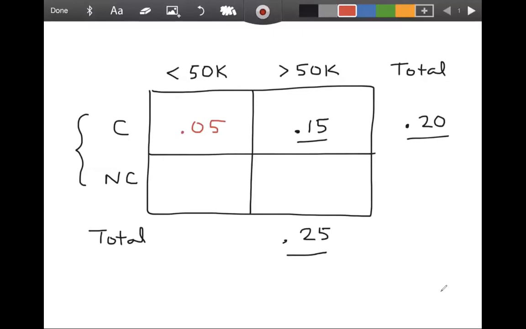Similarly, 25% of all employees earn more than 50,000 a year. 15% are college graduates who earn more than $50,000. So the remaining 10% must be non-college graduates who earn more than 50,000 a year.